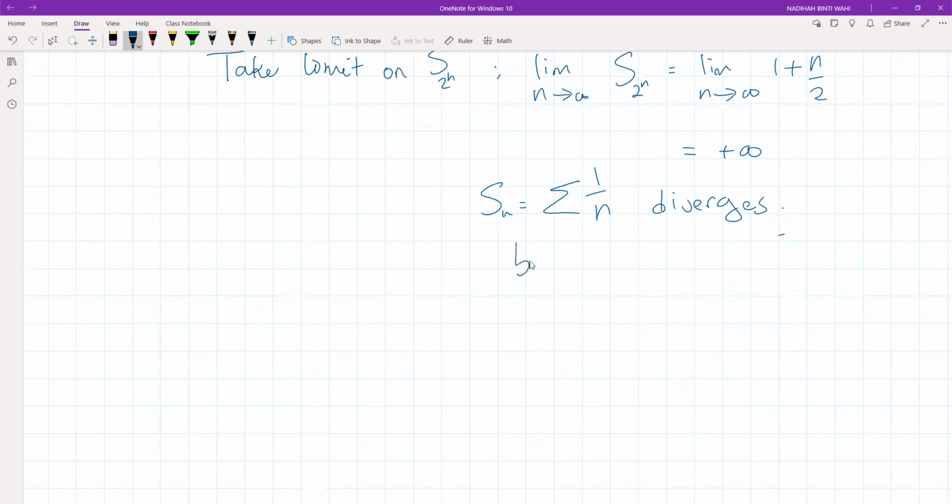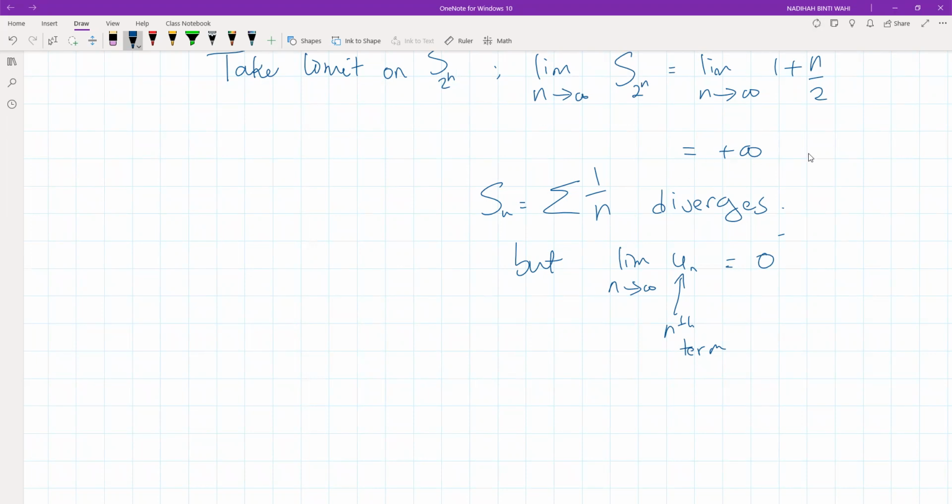Diverges, but you can see that the limit as n goes to infinity for u n, what is the u n? This is the nth term. This is the difference between u n and the summation, the partial sum. But the limit is 0 because 1 over n, 1 over infinity is 0.